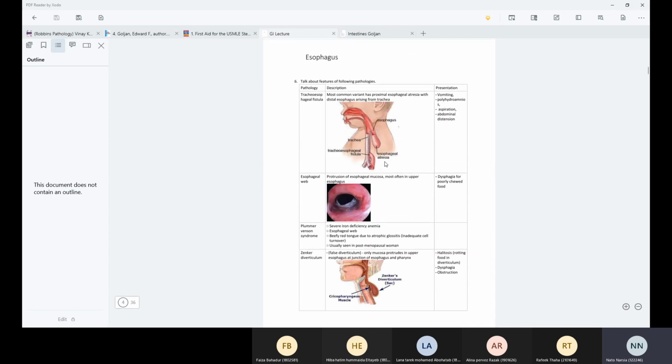will read it as well. In esophagus, what groups of disorders are you expecting? In the whole GI, please memorize like this. In Robbins, you have this classification. Like congenital anomalies, you should know.